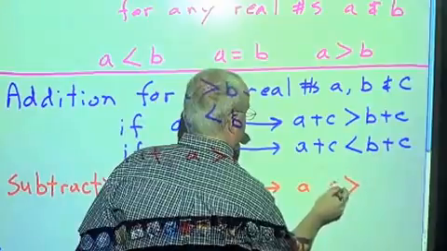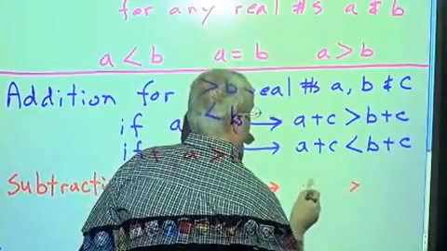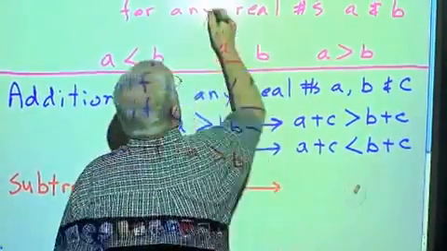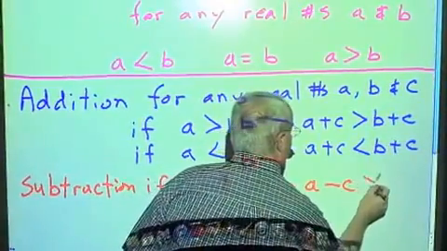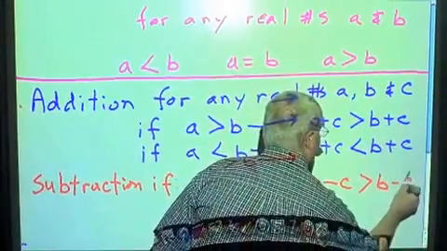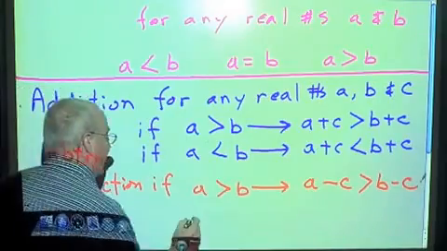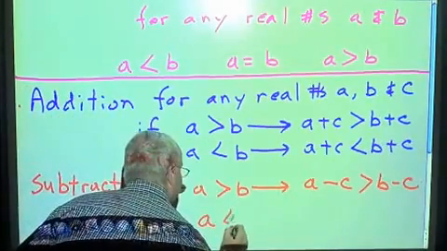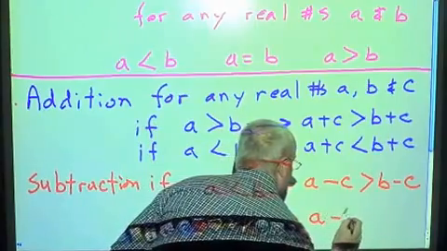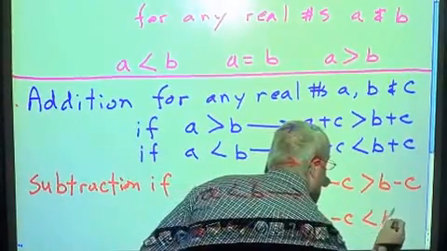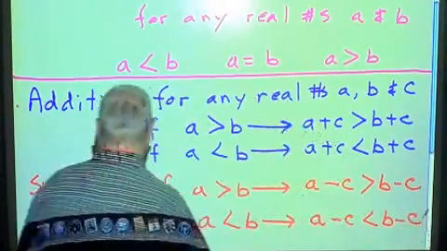Let's get this right then. A minus C is greater than B minus C. Okay? And if A is less than B, then A minus C is less than B minus C.